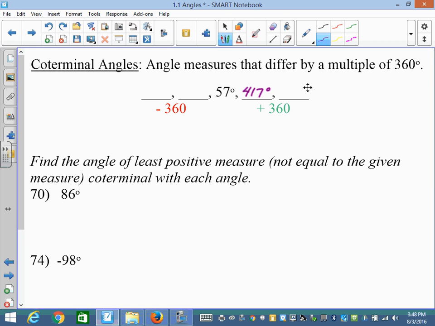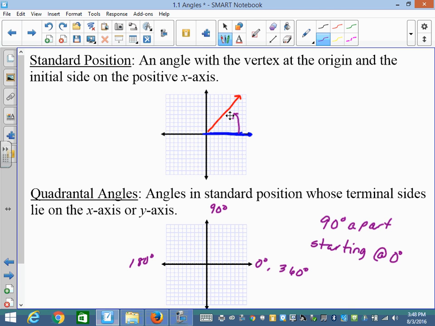If I wanted to go another 360, I would be at 777 degrees. This would be the equivalent of me starting here, making a full rotation, or for the second time around, doing another full rotation and then stopping in the exact same spot.